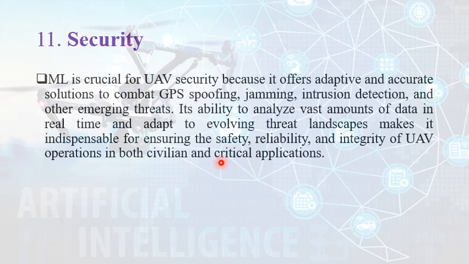Security. I think nowadays the trend is to use machine learning solutions for realizing security in UAV networks. For example, one of the famous attacks in UAV networks is GPS spoofing. The attacker sends a high-power signal to the UAV, and the UAV believes it as a main source, and the attacker takes control of the UAV.